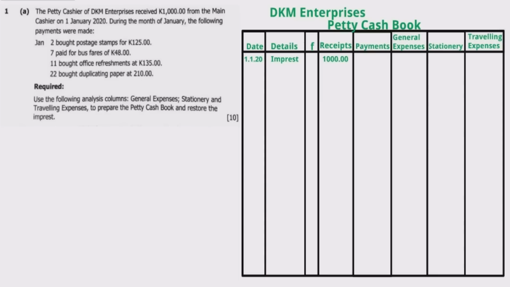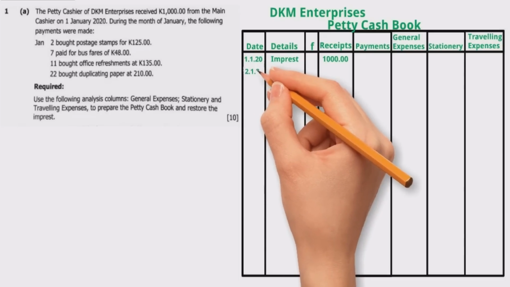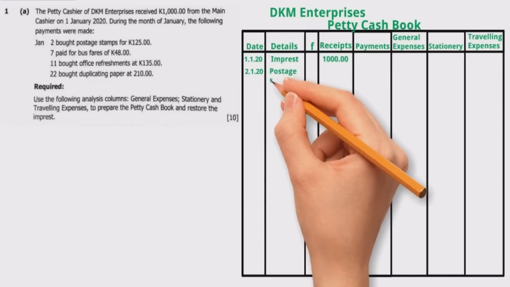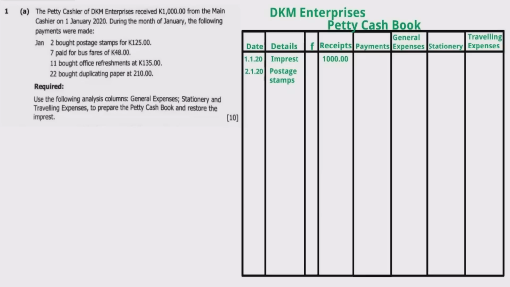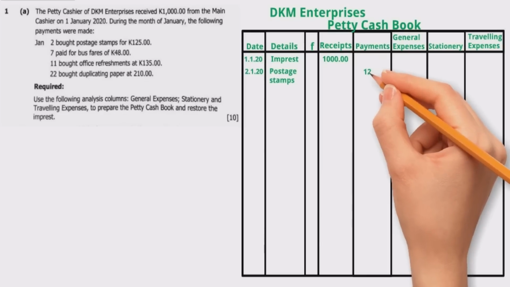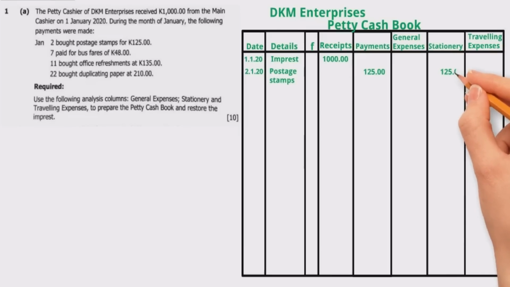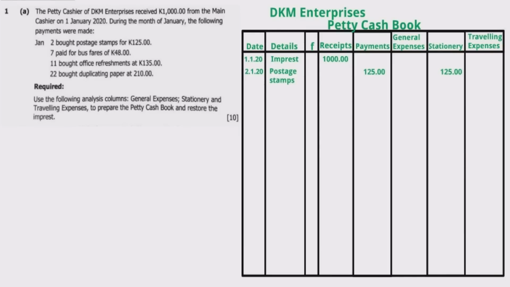Then on 2nd January, bought postage stamps for 125. So we write 2nd January 2020, postage stamps, then she paid. So that is payment, and we record it under payment. The kind of thing she bought is stationery, so we also record 125 under stationery.